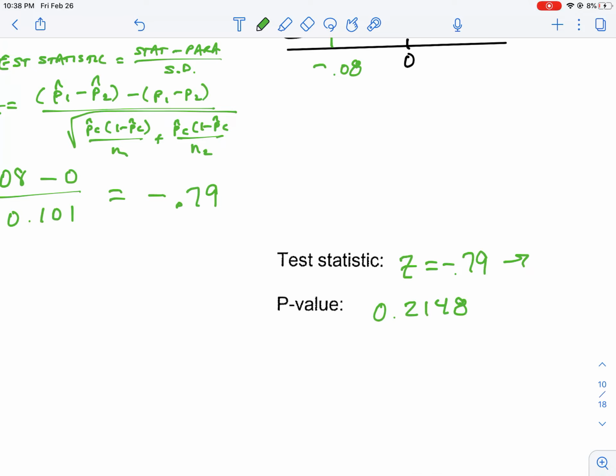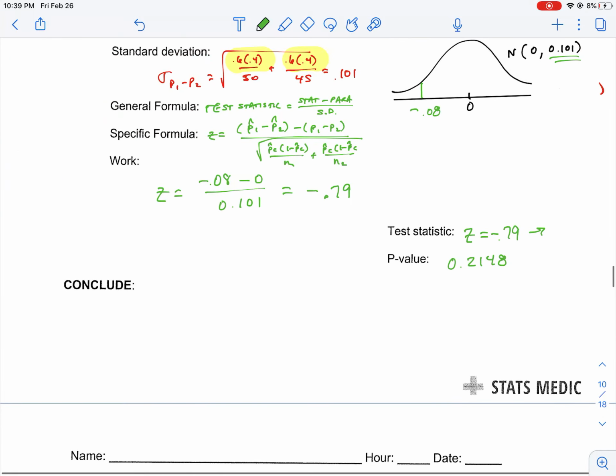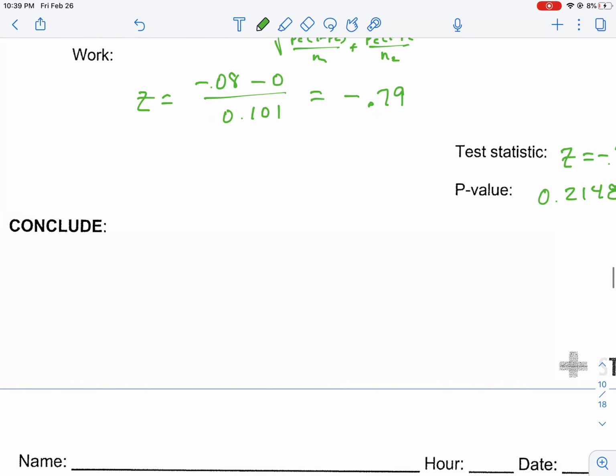Okay, so that's like 21.5%. When we evaluate that next to the alpha level, we see that it's very, very high compared to the alpha level. So our conclusion is going to be informed by that.